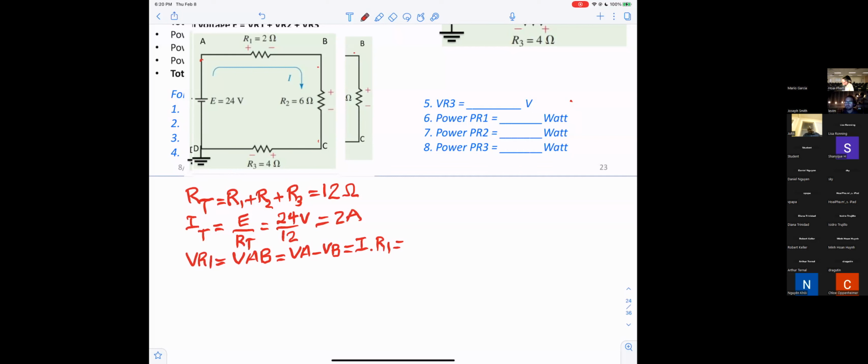That means 2 amperes times 2 ohms, 4 volts. VR2 will be equal I times R2. Same thing, VB minus VC. They will be 2 amperes times 6.